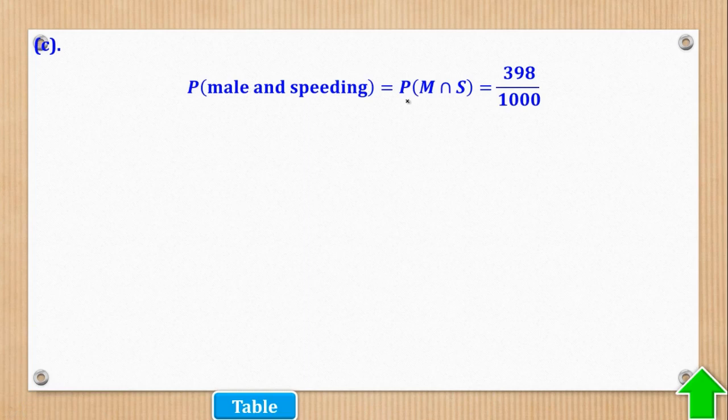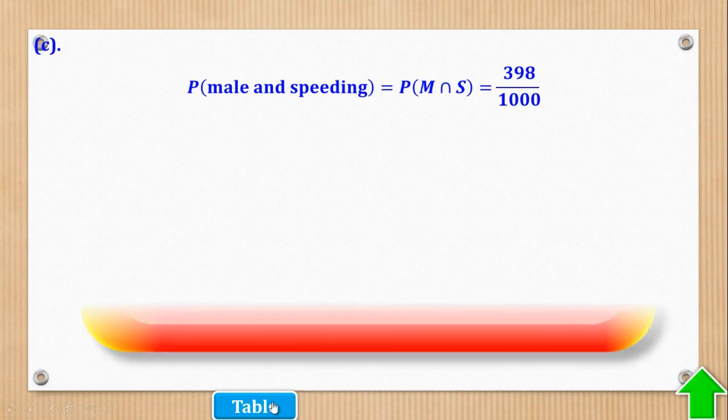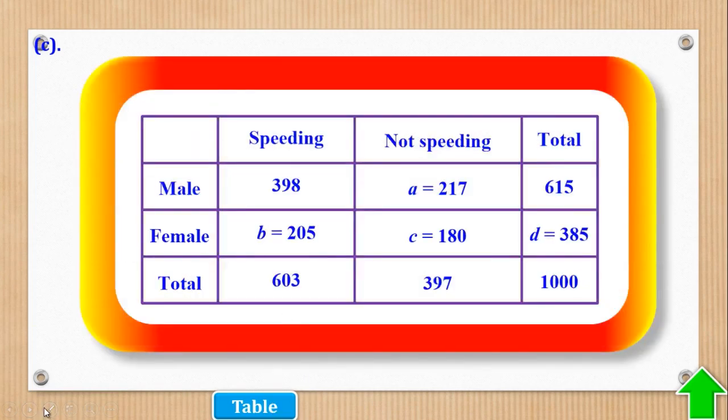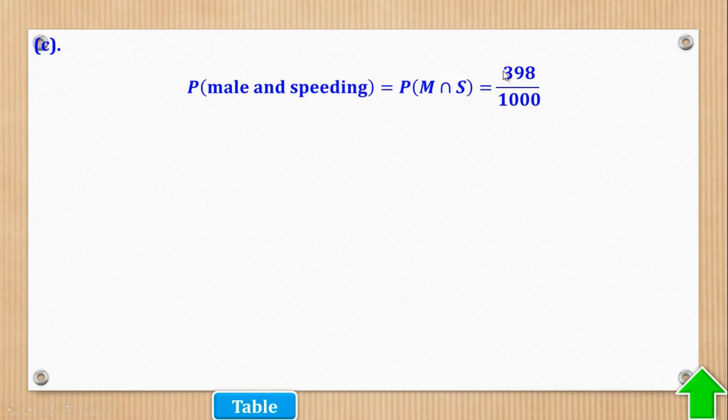So the intersection of male and speeding is that. So let's see where it came from. Male is here and speeding is here, so it is this over the total. And that's where this came from.